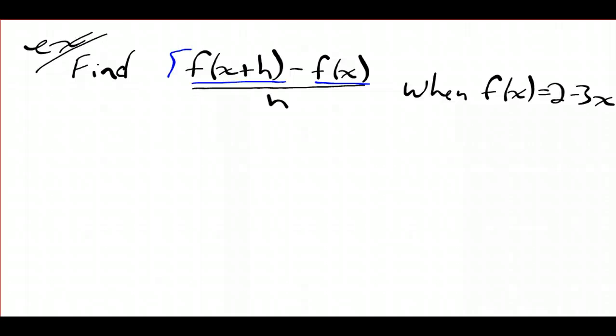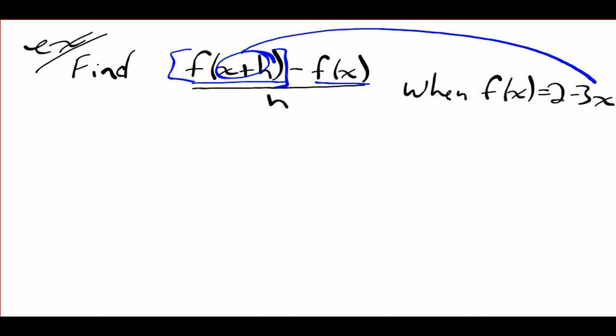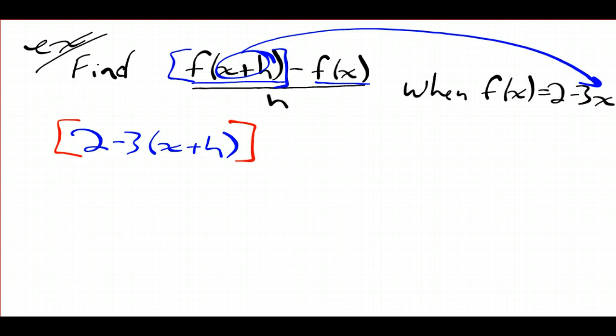If I'm going to do just this part first, so just the f of x plus h, what this means to do is go to f, plug in x plus h where I see x in my equation, so the first part here is 2 minus 3 times x plus h. That is just the first part right there. And then it says minus f of x.